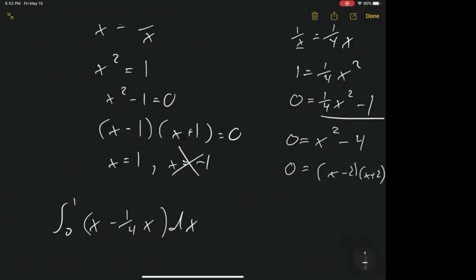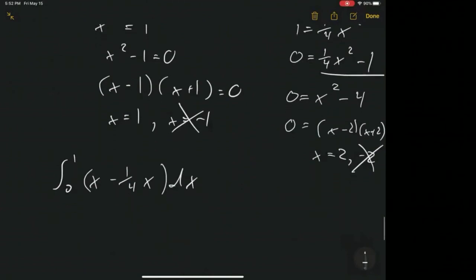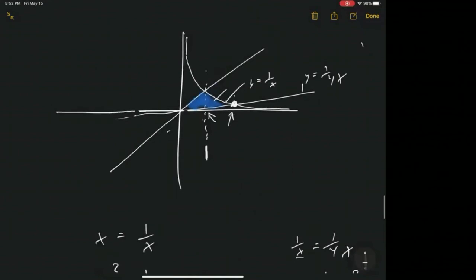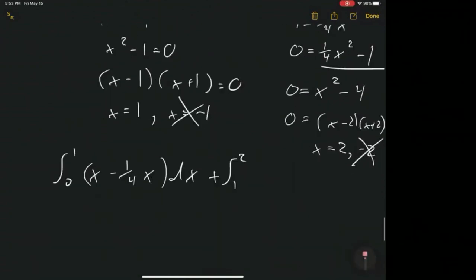It factors as x minus 2 times x plus 2. This has solutions positive 2, negative 2. Again, since we're assuming x is greater than or equal to 0, we ignore that one. So my right region should be from 1 to 2. And what's my top curve? What's my bottom curve? Top curve is going to be that 1 over x. Bottom curve is going to be 1/4 x.